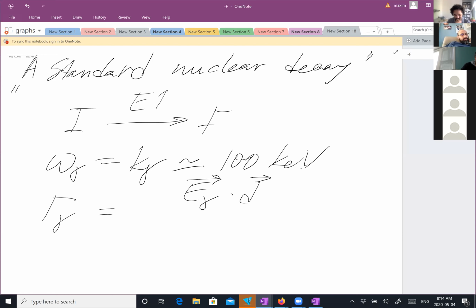And so if we just put in all the relevant things that we know from quantum mechanics, we're going to get basically the transition frequency cubed times the square of the electric dipole for the decay rate. Well, great.